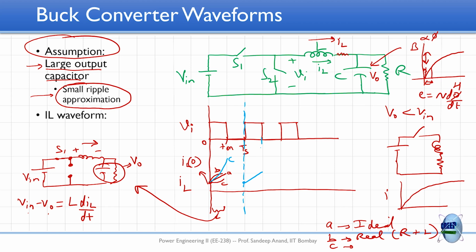What happens at T on? Your switch S1 is open, your switch S2 is closed. The equivalent circuit in the rest of the period becomes something like this.